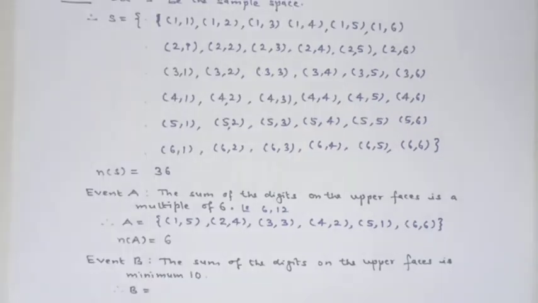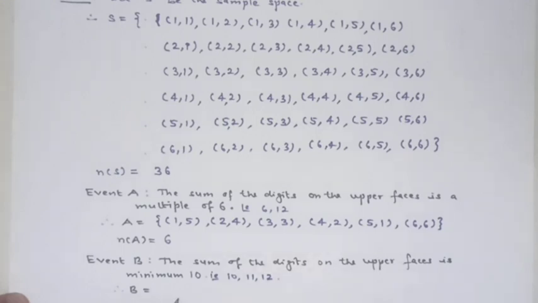Let's go for event B. The sum of digits on the upper faces is minimum 10. That means it will be 10, 11 and also 12. So write 10, 11 and 12. Now when it is 10, start the same method.